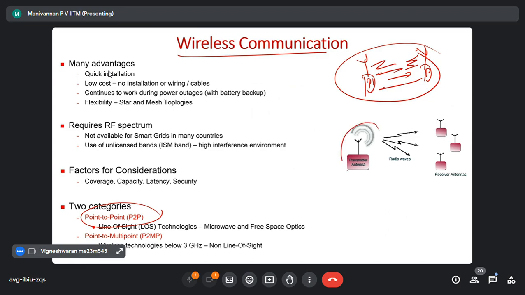But a TV station or radio station is called point to multipoint, or public broadcasting. One transmitter, millions of receivers, more than one receiver, up to millions of radios. That is called broadcasting.